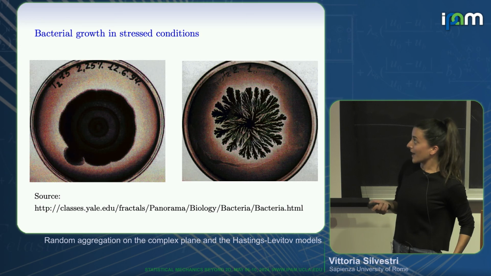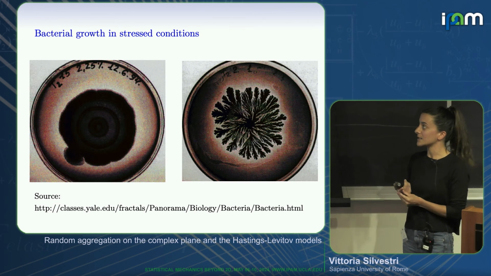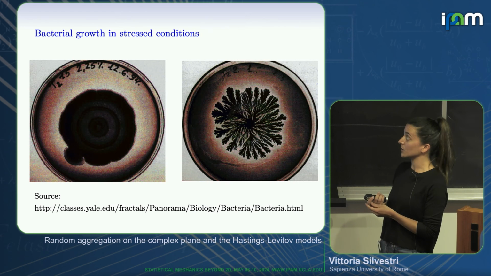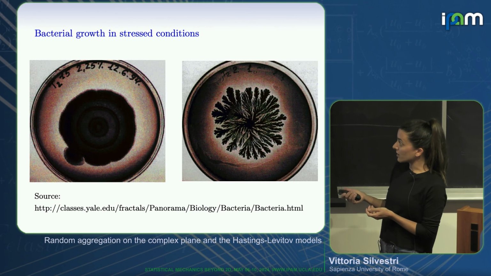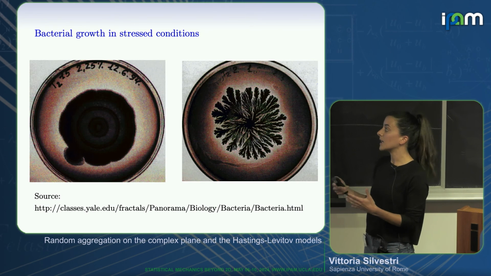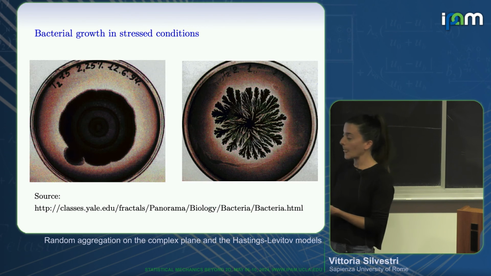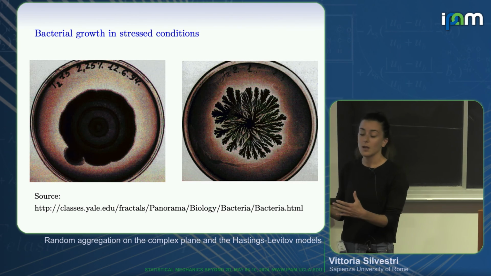An example which I like very much to explain the class of models which I will work on is bacterial growth in stress conditions. Here is a colony of bacteria which is trying to grow in space, and you should think that the nutrients, the resources in the surrounding environment, are limited. If they weren't, you would see this kind of spherical growth.